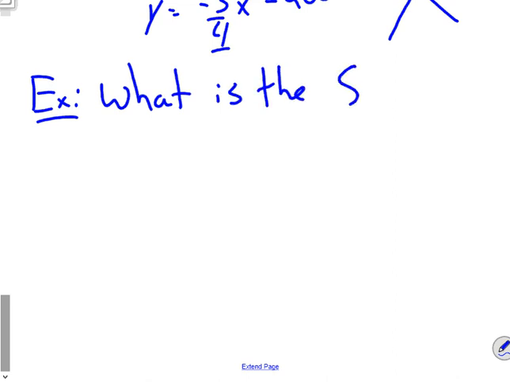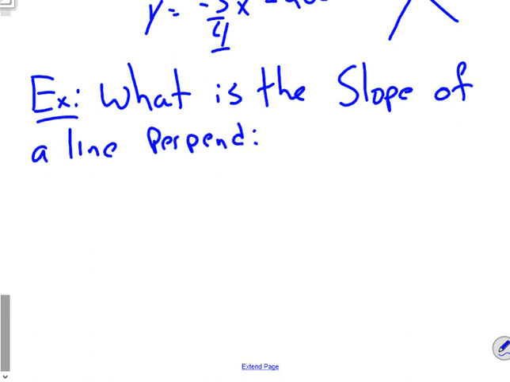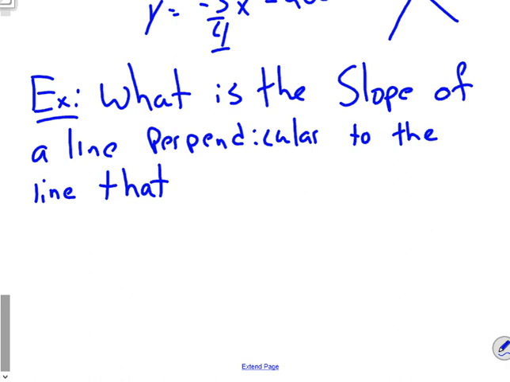What is the slope of a line perpendicular to the line that passes through two and three and negative four, negative one?